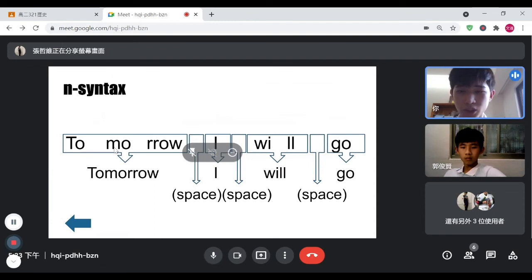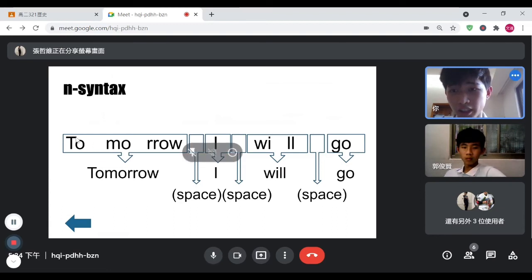So in this picture, you can see, for example, if you say tomorrow I will go, the system will make all the syllables into 10 parts. And the system will also classify the space, the part that doesn't make sounds.